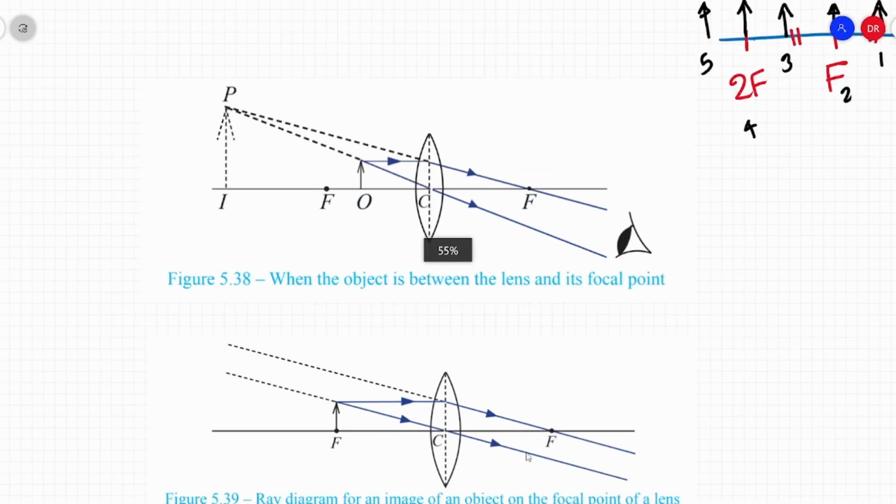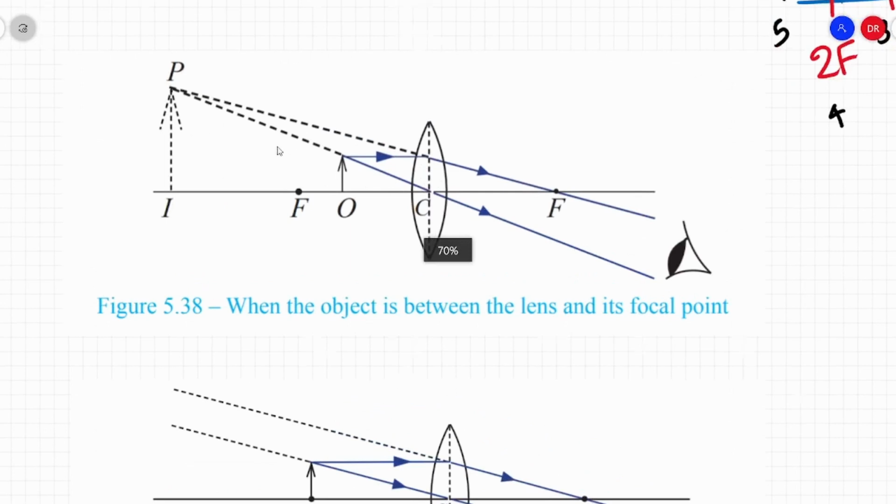I will explain in the upcoming points what real images and virtual images are, but for now just remember this is the object, and this is the image. This image is virtual, upright, and magnified, larger than the object.